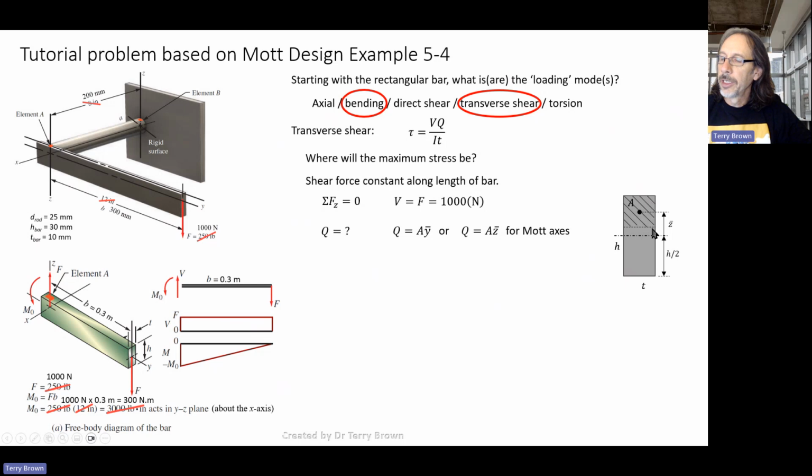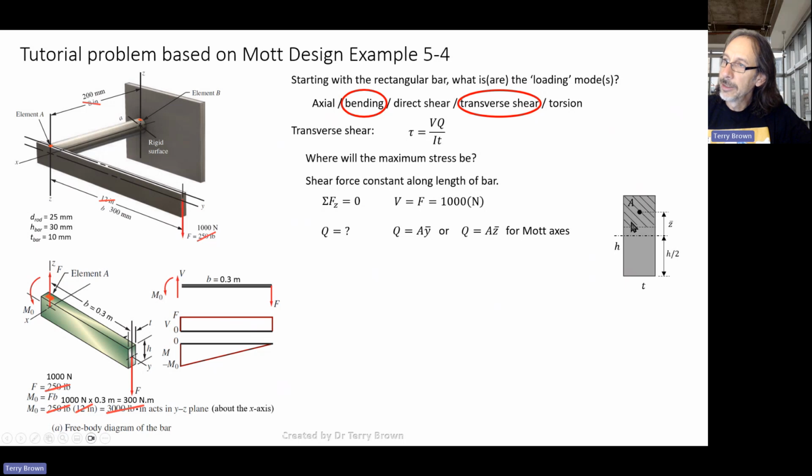All right. So here I've just chosen some arbitrary location through the depth of the beam, on the right hand side of the PowerPoint. And the shear stress at that location is VQ upon IT, and the Q is A Y bar or A Z bar.